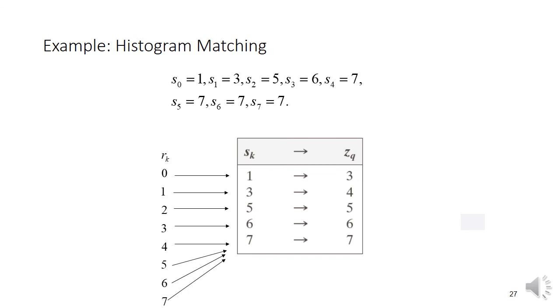So here you can see that this RK was the original intensity values, which were 8, and 0 to 1 correspond to this, and all these 4, 5, 6, 7 now have the same intensity, which is the maximum intensity 7, and which is mapped into ZQ7.